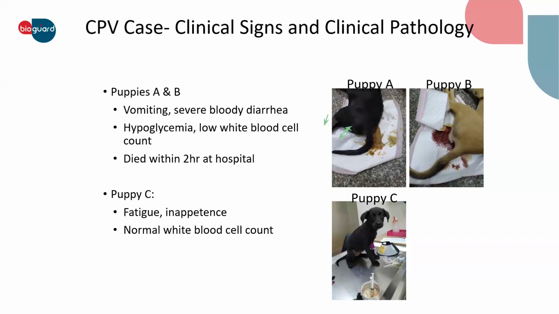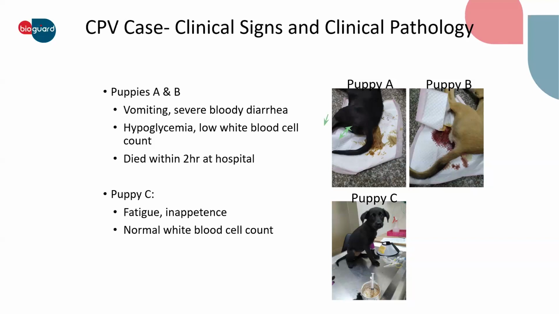You can see from puppies A and B here, and the blood work also shows hypoglycemia and low white blood cell count. And those two puppies died within 2 hours at the hospital.